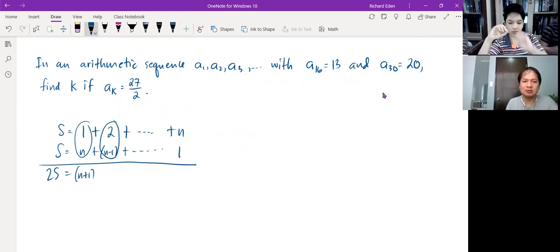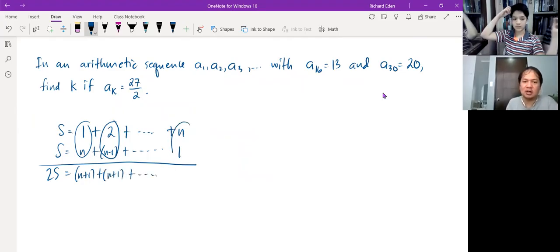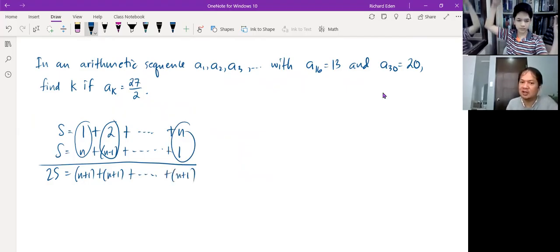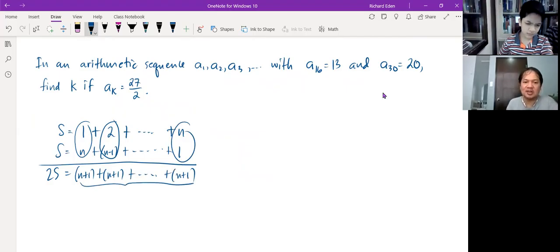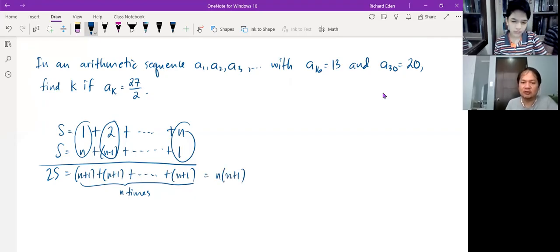The sum of 2 and n minus 1 is still n plus 1. And in fact, all columns are going to have the same sum, n plus 1. But how many times does n plus 1 appear? N times. So this is n times n plus 1. And therefore, the sum is n times n plus 1 over 2.